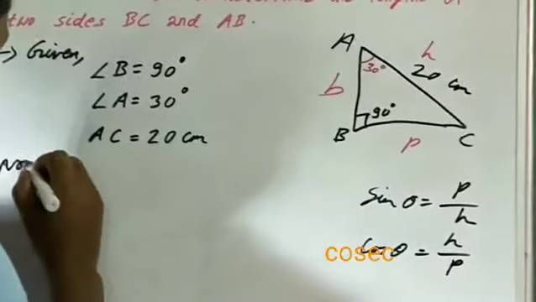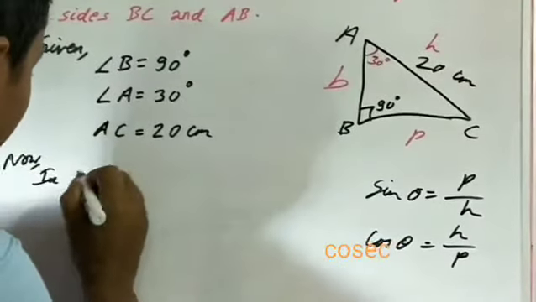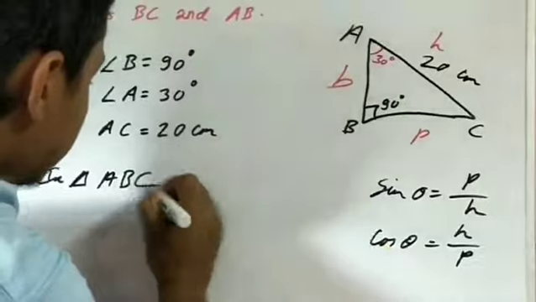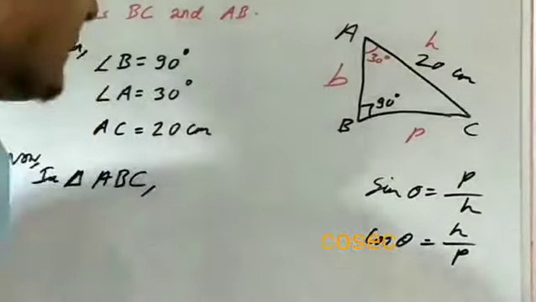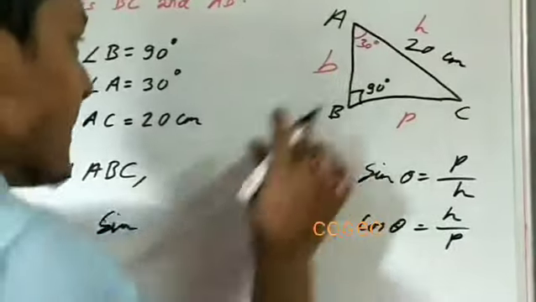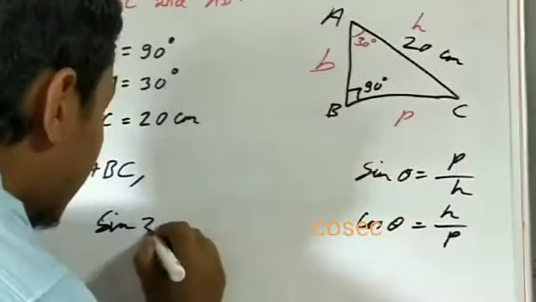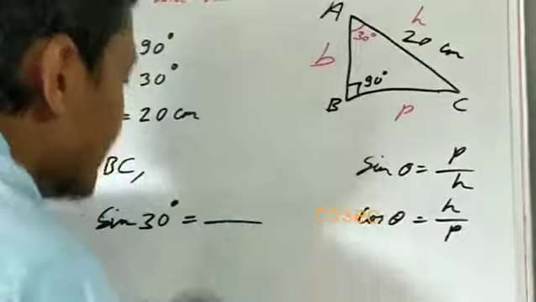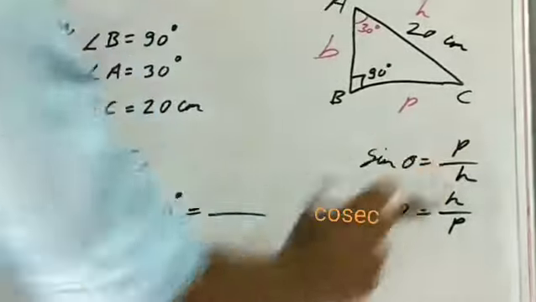So now in right angle triangle ABC, I am taking sine. Sine of angle is our 30 degree. Sine of angle 30 degree is perpendicular by hypotenuse.